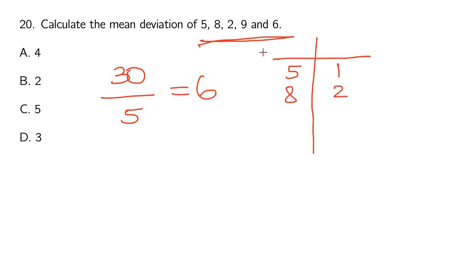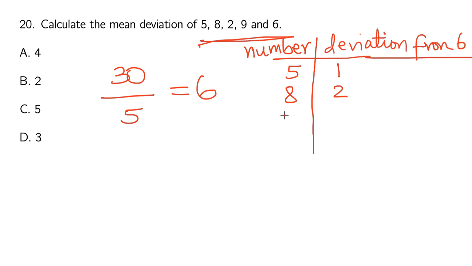So if you like, you can write here, normally you would write x, but here let's just write number. And then let's say here deviation from, what are we deviating from? We are deviating from 6, which is the mean.